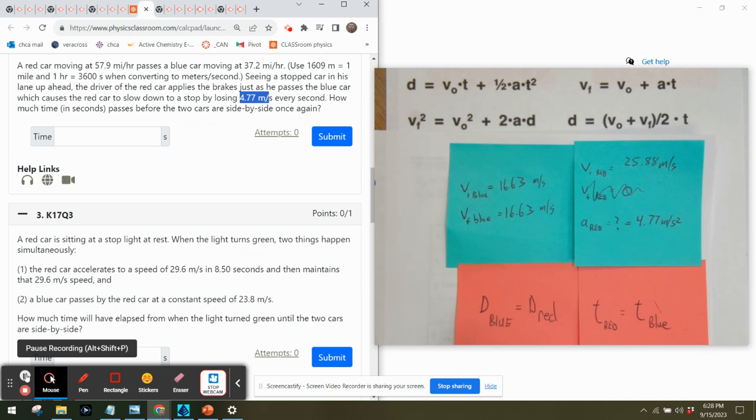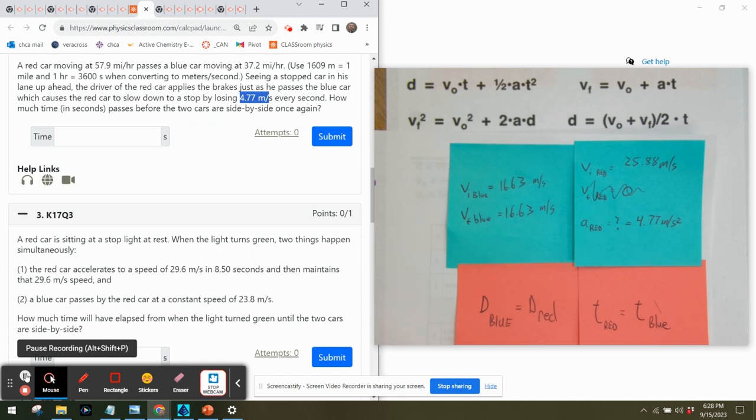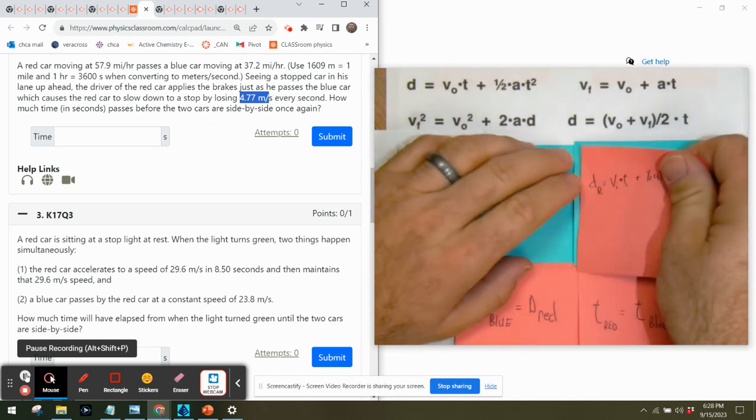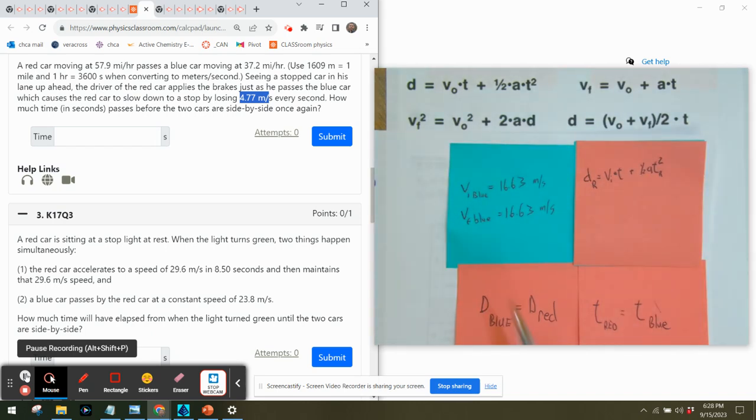And so if we use this equation and put in what we do know for the red, it would turn into this. We could say that the distance of the red would be equal to its initial velocity times time plus 1/2 a t of red squared.